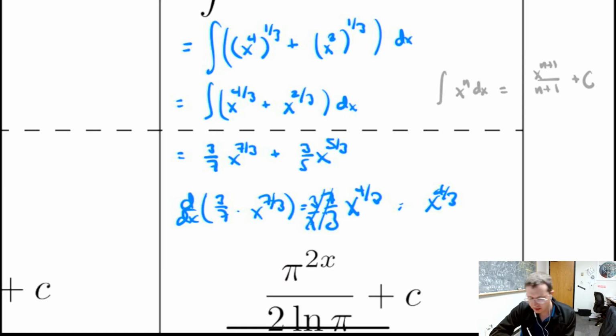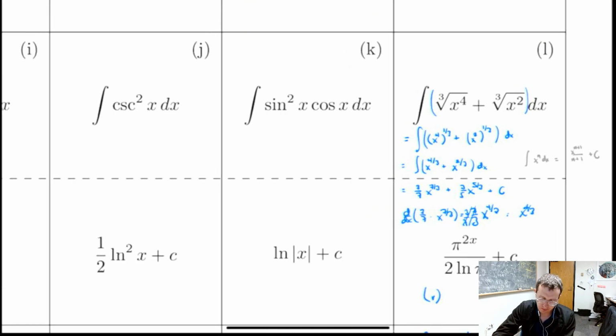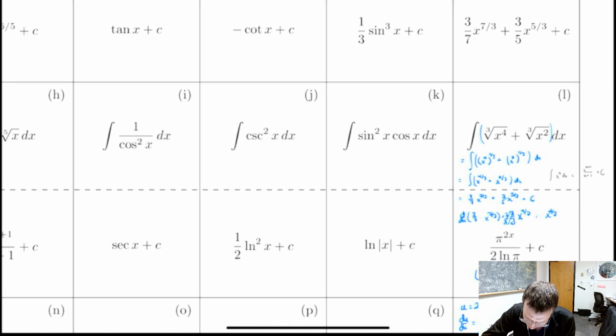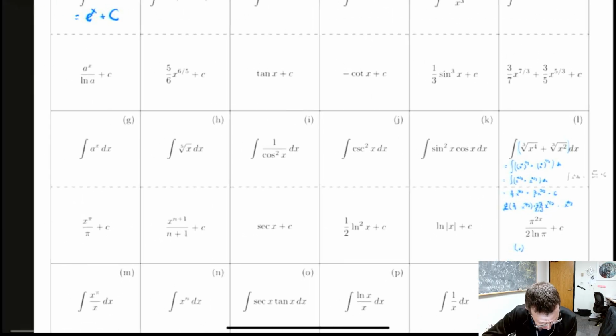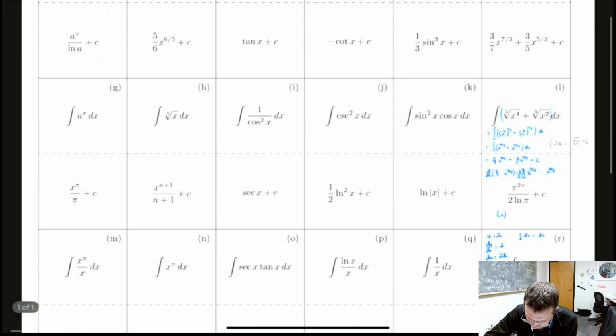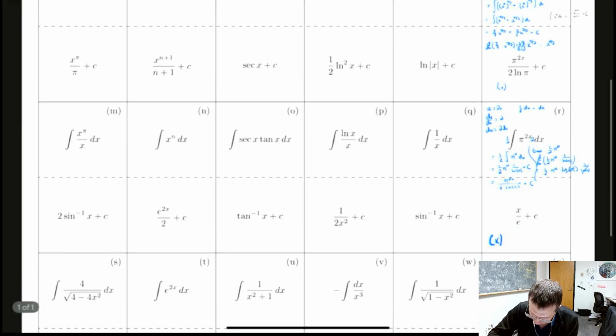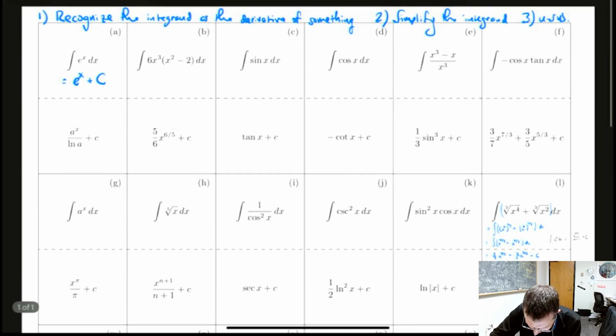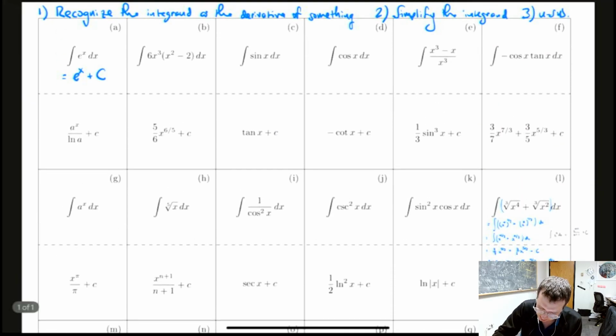And the coefficient that I need is a 3/5. And let me not forget the plus c. So 3/7 x to the... Oh. Wow, the dominoes are just going up through this column. I wonder... Well, I guess the pattern has to break pretty soon.